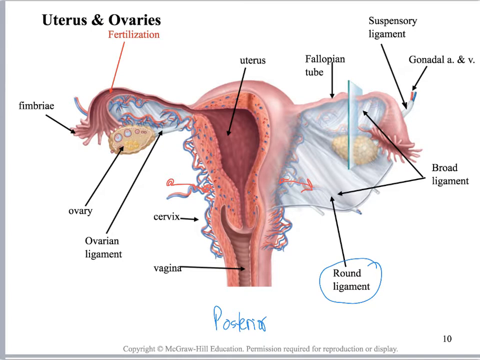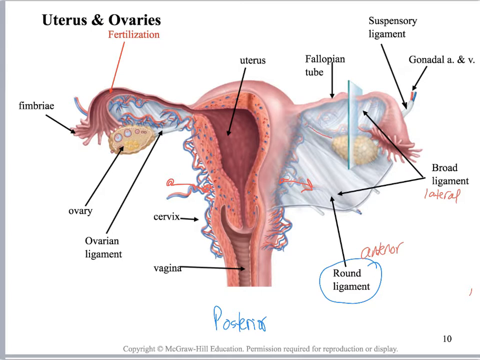Okay. Now, in this particular view, you are also seeing a very nice sheet here that is very broad, and so it is called the broad ligament. So the round ligament anchors anteriorly. The broad ligament anchors the uterus laterally, okay? Then we have two other ligaments.